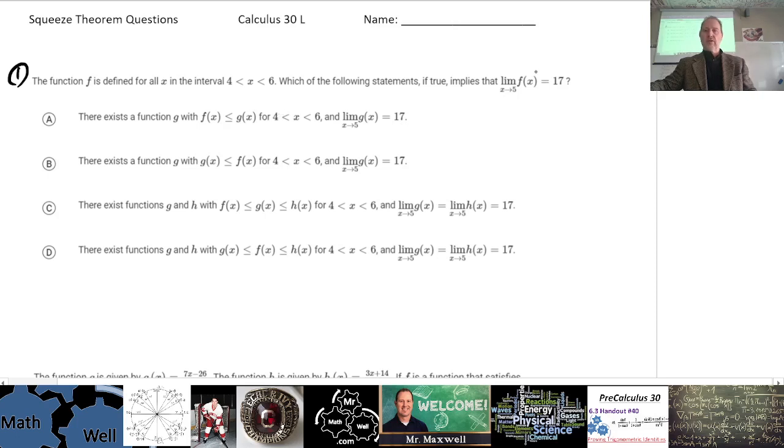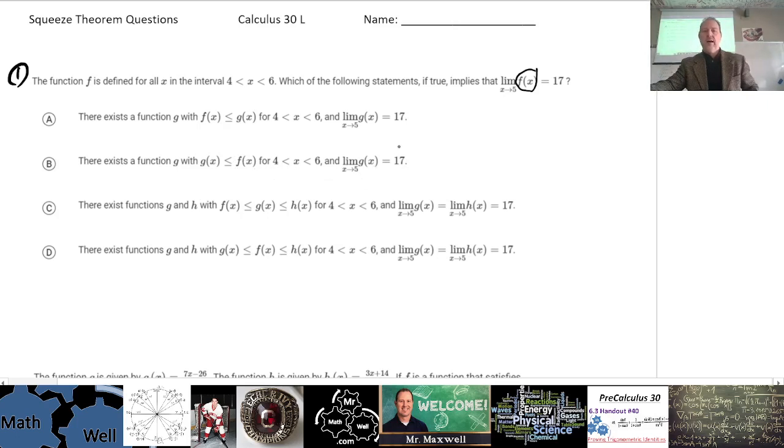Okay? So this is talking about f of x. This is saying there's a g of x that is greater than f of x all the time, and its limit is 17. Let's think about the next one. There exists a function g with g of x less than f of x, where the limit of g of x as x approaches 5 is 17.